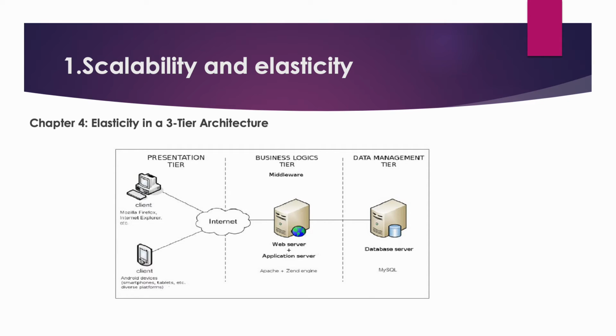For example, here in this picture, if the load increases on the application server, there will be a load balancer here. The load balancer handles the requests based on the utilization of the respective server's CPU and memory. Additional CPU and additional servers will be added or removed. That's how it is handled.